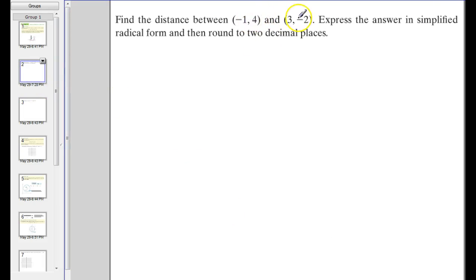Find the distance between these 2 points. We'll call this one x1, y1. It really doesn't matter which point you label x1, y1, and x2, y2. But when you go to the formula, the distance is equal to the square root of x2 minus x1, so that's 3 minus negative 1, and then we square that, and then plus, now we do y2 minus y1, so negative 2 minus 4.